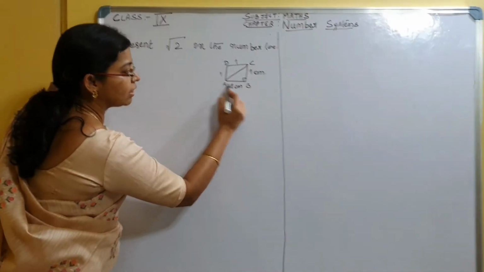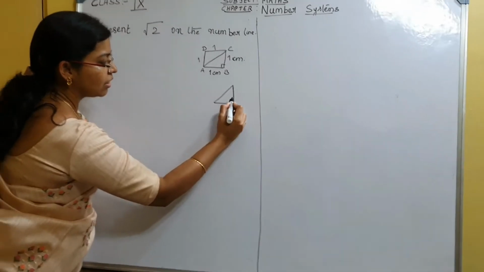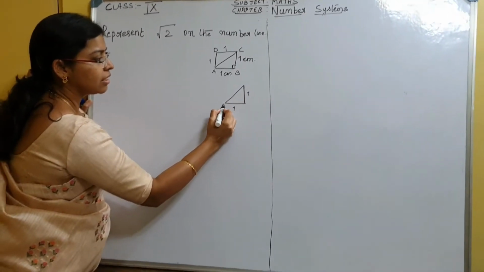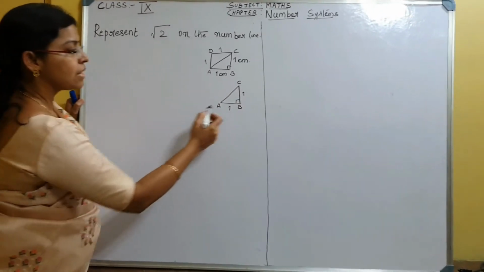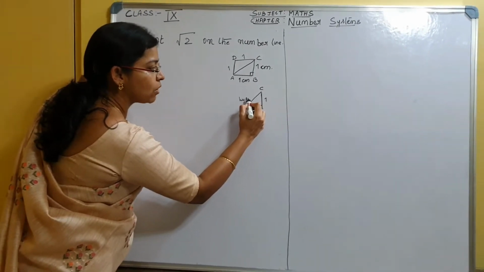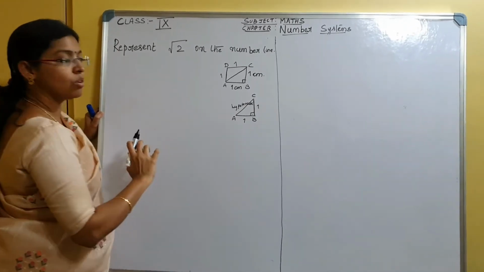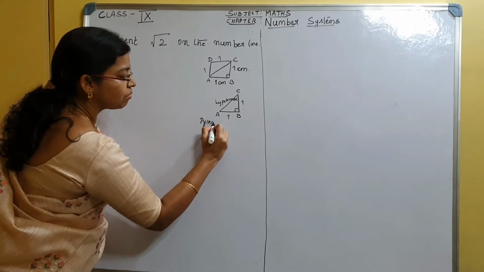So consider only this triangle. The sides are 1 unit. We don't know this length, but this is 90 degrees. The side which is opposite to 90 degrees is called the hypotenuse. But we also know that by Pythagoras theorem, what does the Pythagoras theorem say?